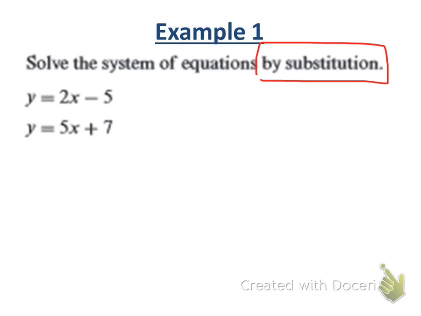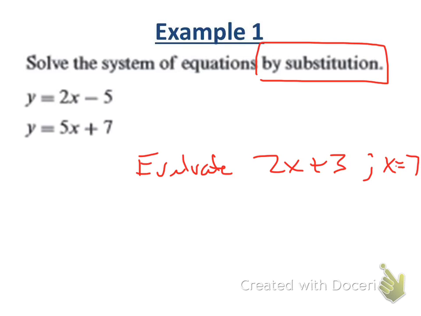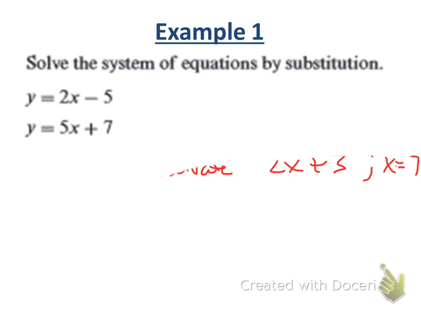We've been told before to evaluate 2x plus 3 if x equals 7. We substitute 7 in the place of x and then assign a value to it. Why are we allowed to substitute 7 in the place of x? Because x is equal to 7.